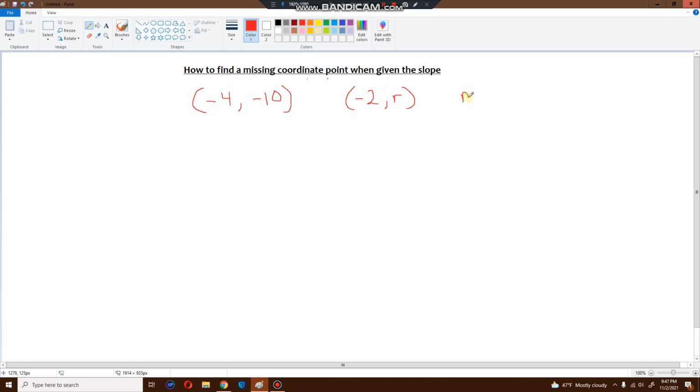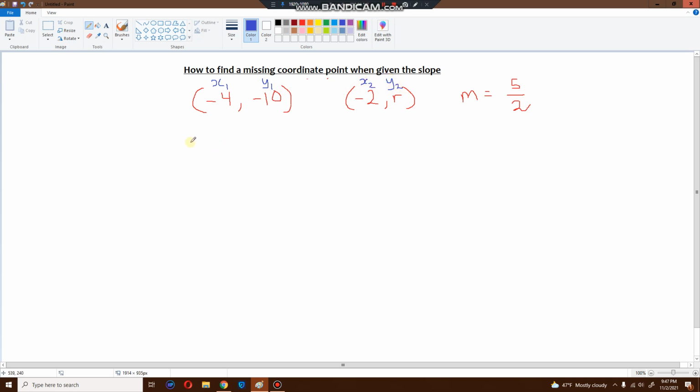And I know my slope is, let's say, a fraction, 5/2, okay? So I've got my coordinate points, I've got my slope, I need to find this r, this coordinate point right over here. So step 1, let's label them. This is x1, this is y1, this is x2, this is y2.